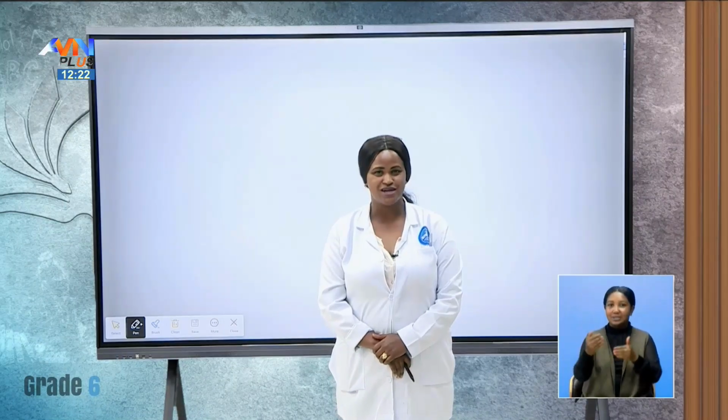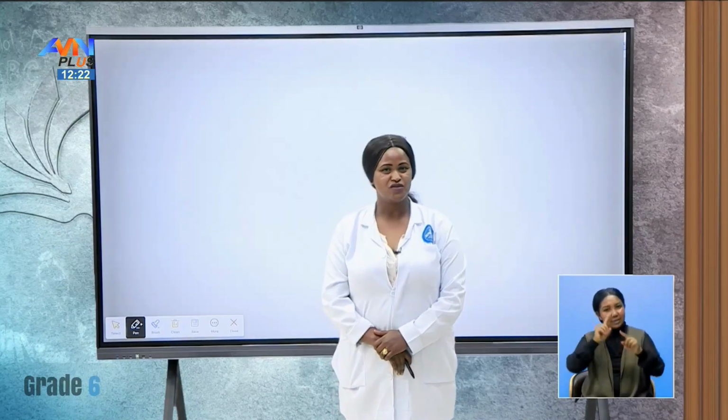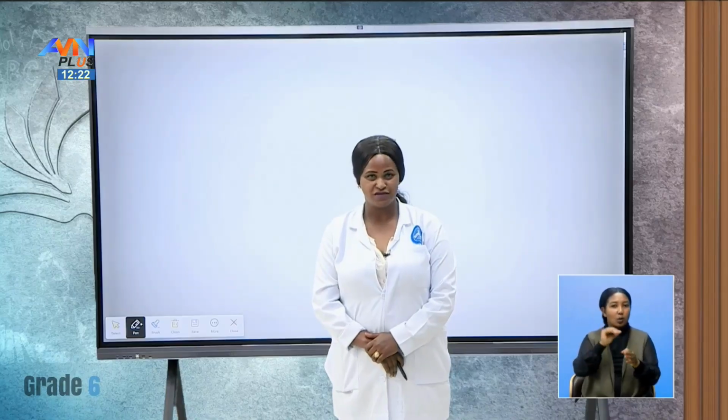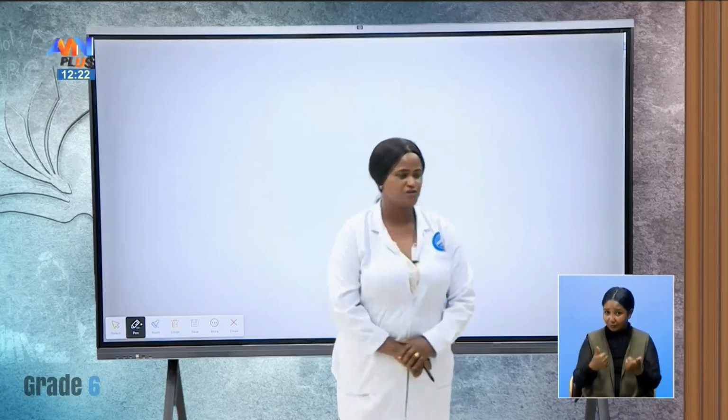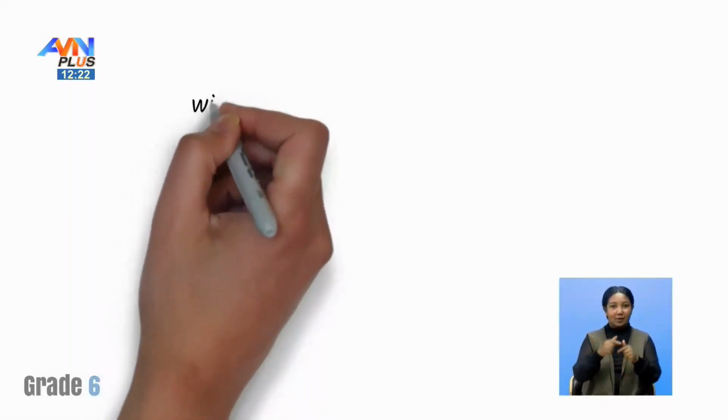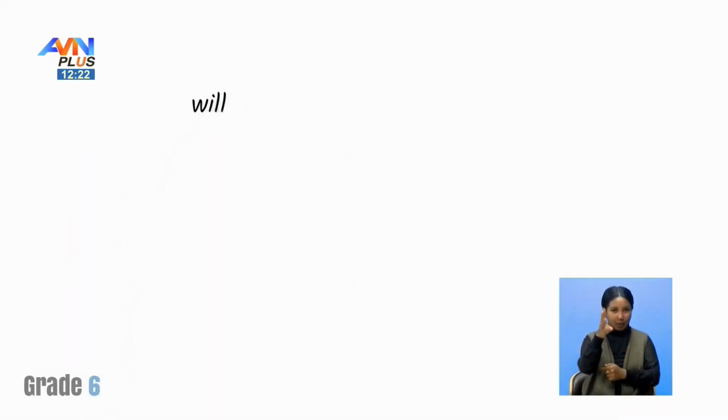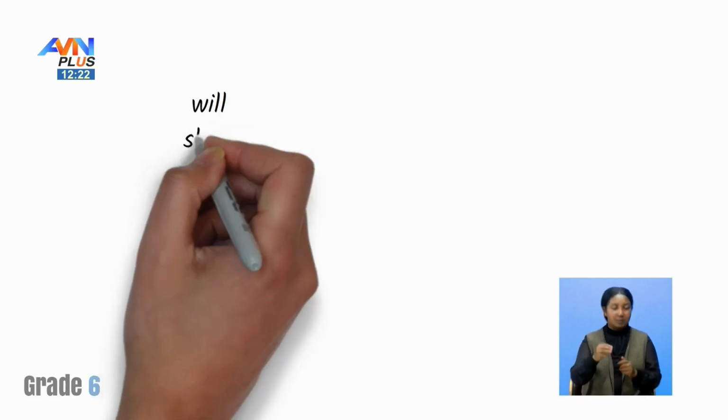Last time we have learned about simple future. Do you remember simple future? Very good. And we have seen the different ways of expressing or talking about the future. Can you tell me some? Let me remind you. The first group that we have seen was will and shall, yeah?